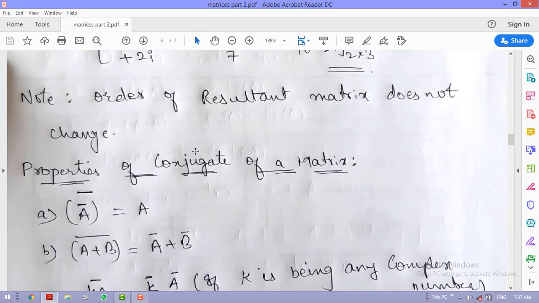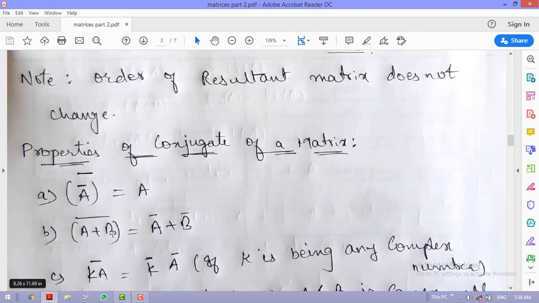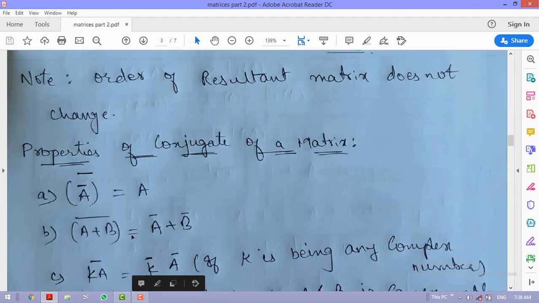So the conjugate of the conjugate of A will be equal to A. Then for A plus B, first we apply the addition operation, then the conjugate of that will be equal to the conjugate of A plus the conjugate of B. If you first take the conjugate of the respective matrices individually and then add the resultant matrices, you get the same matrix, right? Okay.